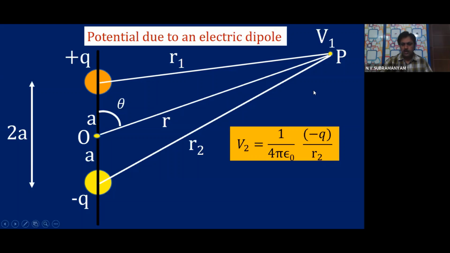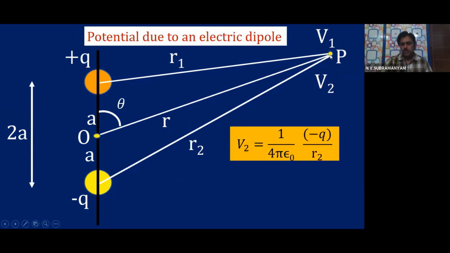That is the potential at the point P. So please note carefully, minus q. Why minus q? Because the charge is negative. We all studied in the first part that if the charge is plus q, write plus q in the formula. If the charge is minus q, write minus q in the formula.